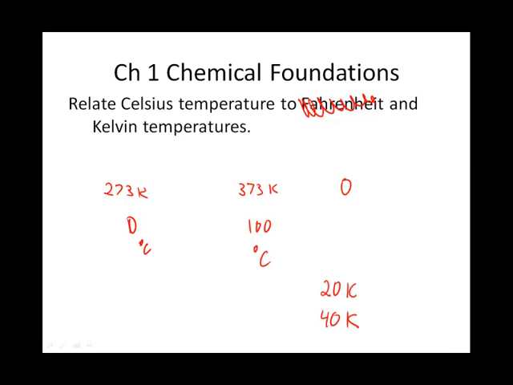But if you take 0 degrees Celsius and you double the temperature, that's a little trickier, isn't it? How do you double 0 degrees Celsius? Well, it's really just double this number, 273 times 2. So, a few things about Kelvin and Celsius temperatures.